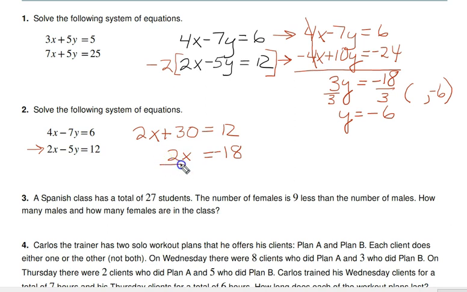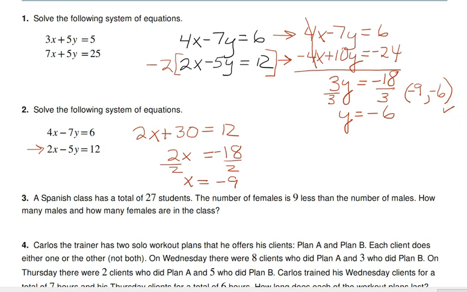Now I'm going to divide everything by 2. I get x equals negative 9. And again, you could take these, put them in these equations, and see if they make the statements true. And I did do that, and they do check.